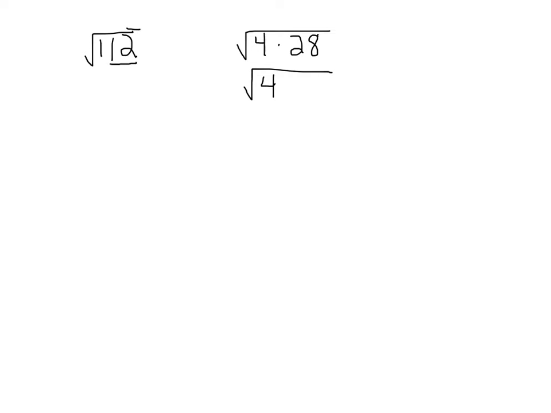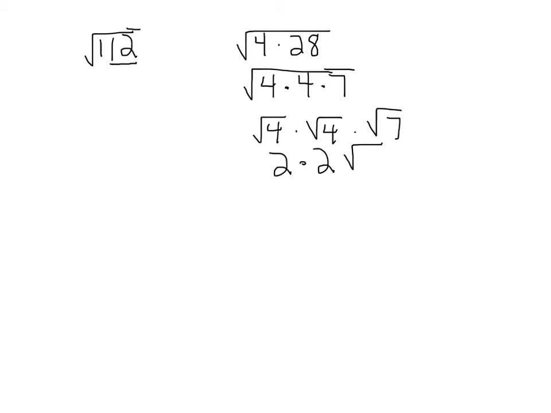So 4 times 4 times 7. This is like the square root of 4 times the square root of 4 times the square root of 7. This is 2. This is 2. And this is 7. So this is 4 root 7.